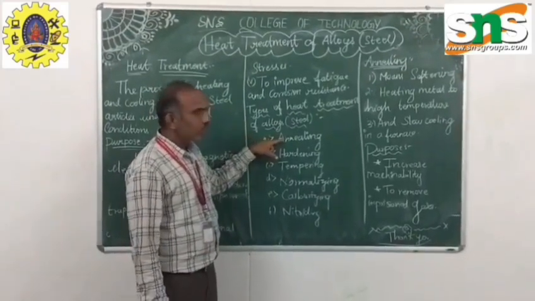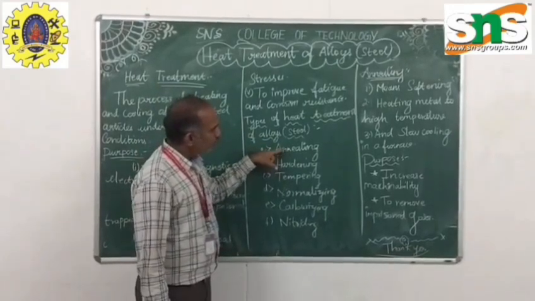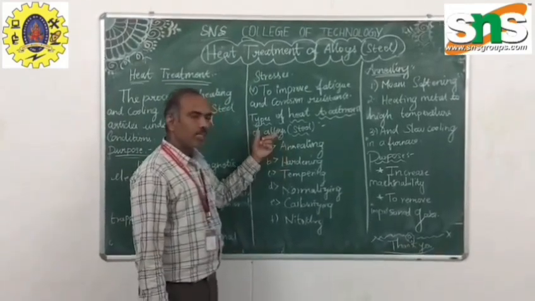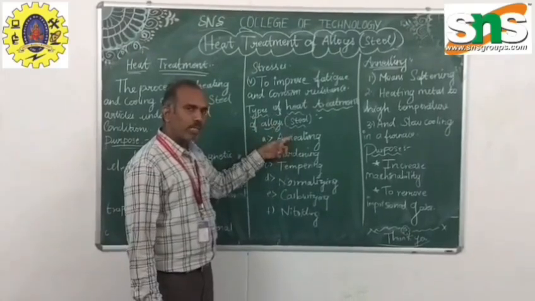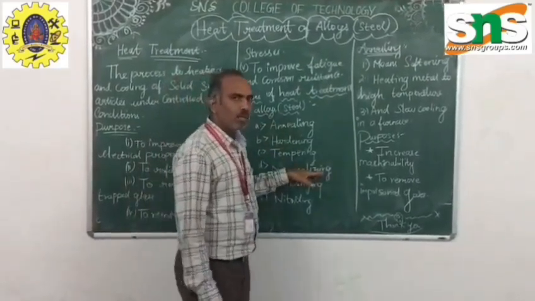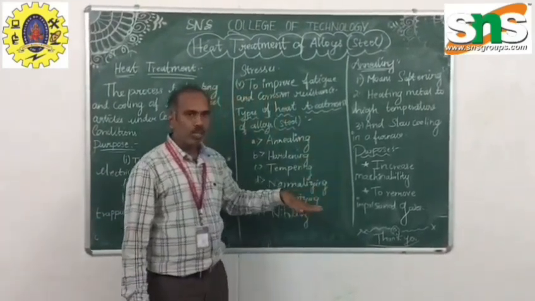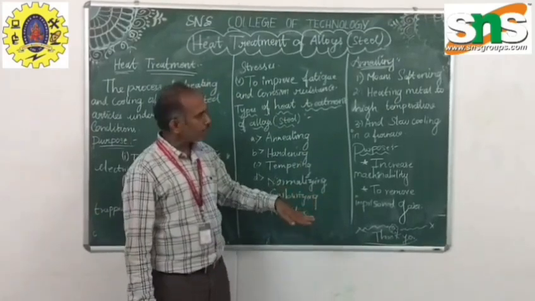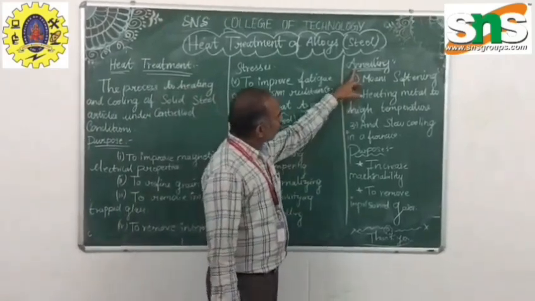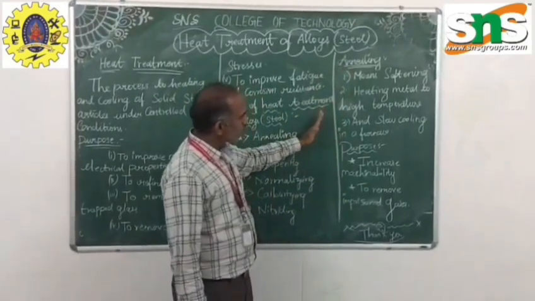One of the important pieces of equipment is the furnace, where we heat the steel or cool the steel under controlled conditions. Normalizing is simple. We heat the steel and let it slowly come to the atmosphere. So annealing and normalizing are commonly used processes.